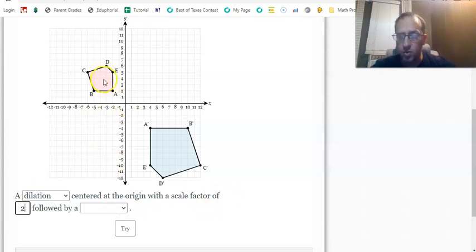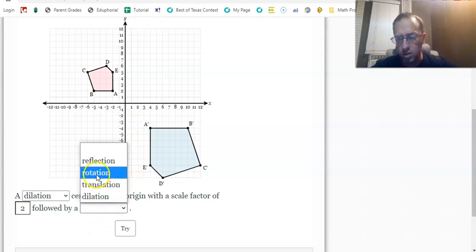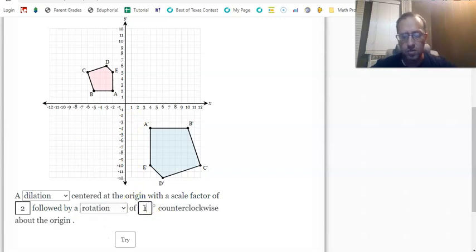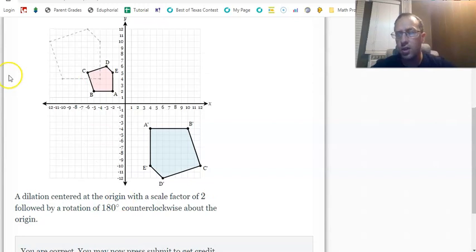And remember, that's going to move it away, so this -2, +2, doubled will be -4, +4. And that's also on -4, -4. So this will be a rotation with a scale, rotated 180 degrees. See if that works. Yeah, there it is. Let's see, can we change the order here?